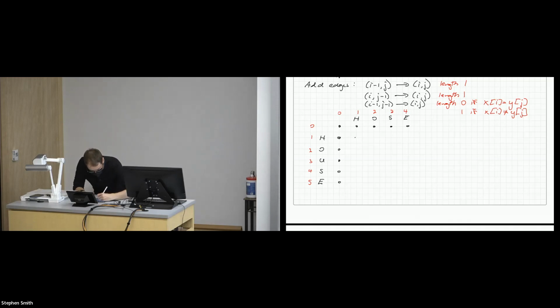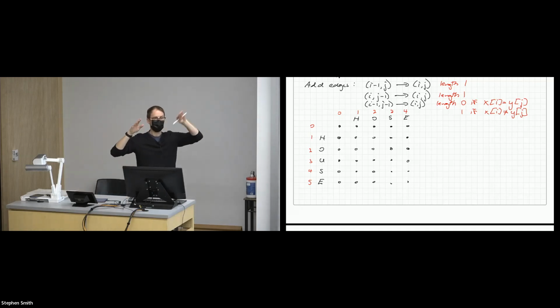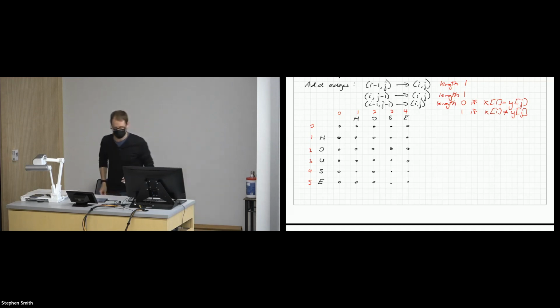And then I have to put in all the internal vertices. This is going to take me a second to draw, and now I have to draw all the edges. The edges are connecting in those three ways, it's always this edge, and then this edge, where this edge has a length of 0. The diagonal edge has either a length of 0 or 1, depending on if the characters at its head match one another. So how about I draw all the edges of length 1 in red?